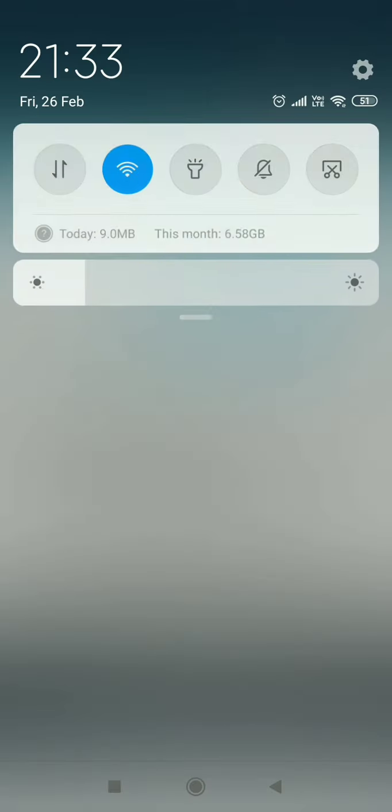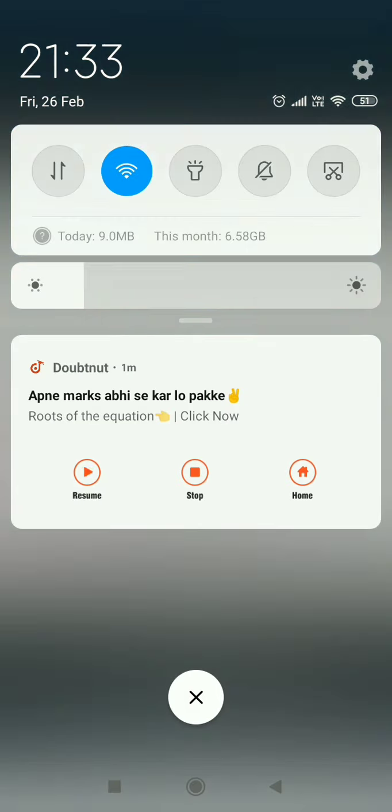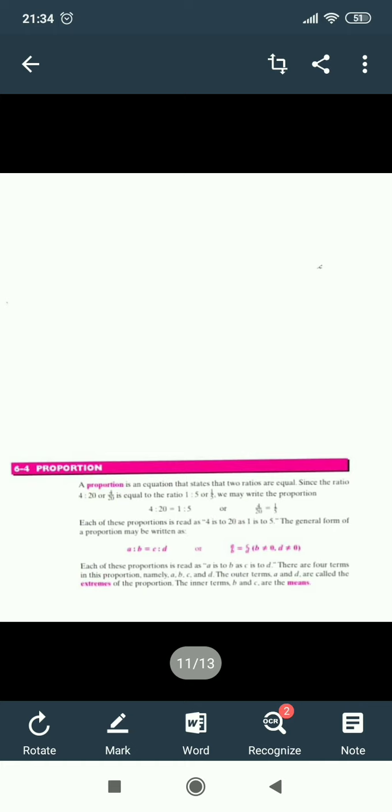Next, a proportion is an equation that states that two ratios are equal. Since the ratio 4 is to 20, or 4 by 20, is equal to the ratio 1 is to 5, or 1 by 5, we can write that they are in proportion.